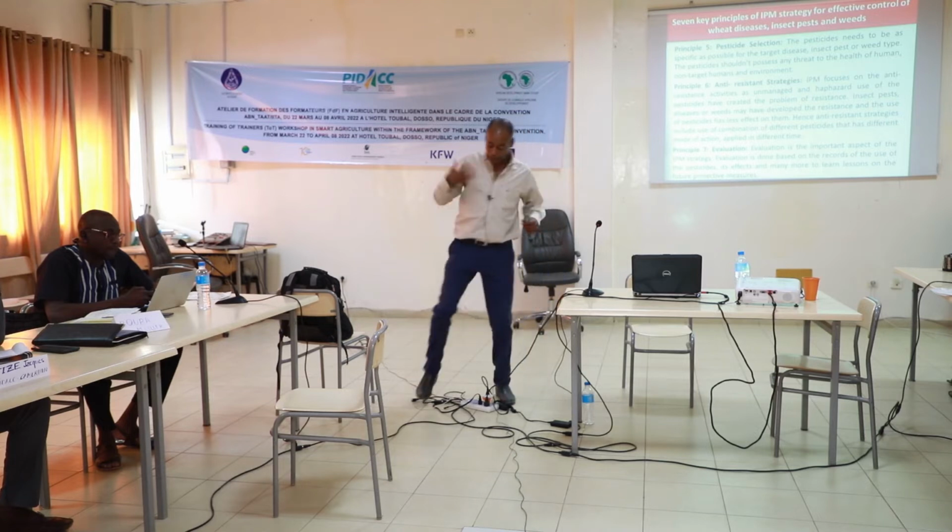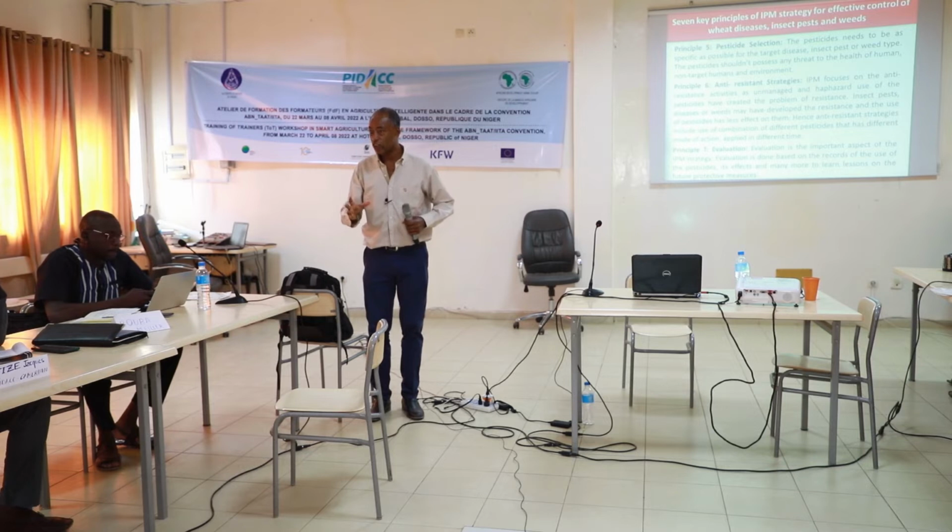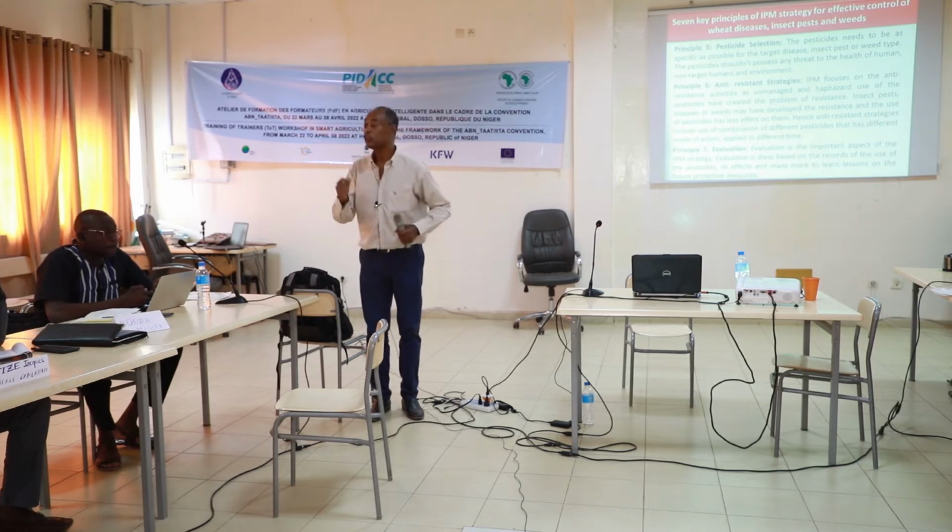Number 5, if the disease is not stopped by cultural method, we go for chemicals. But what we do, we select which one is a better chemical. And when we select chemical, we usually look for a chemical that is not dangerous for humans and has no long persistence effect on the soil.